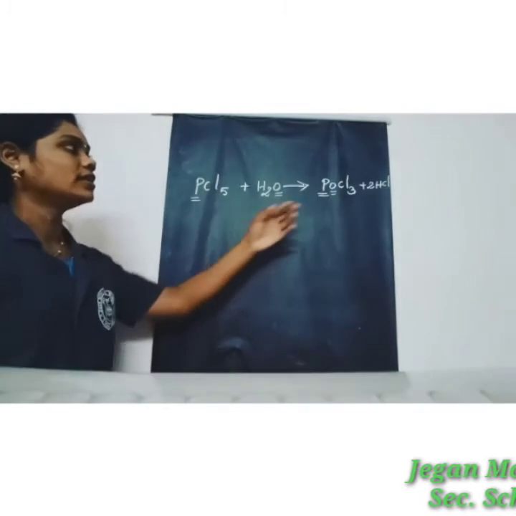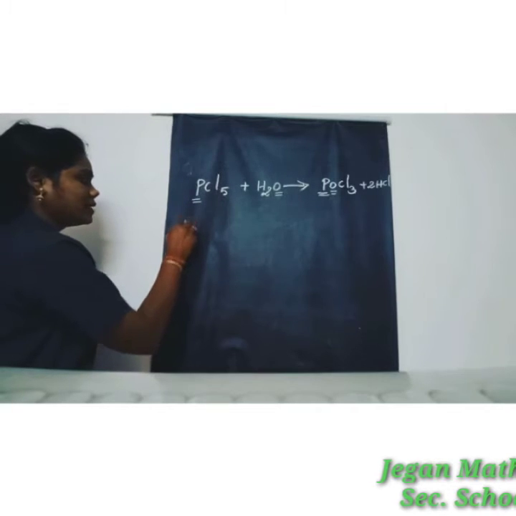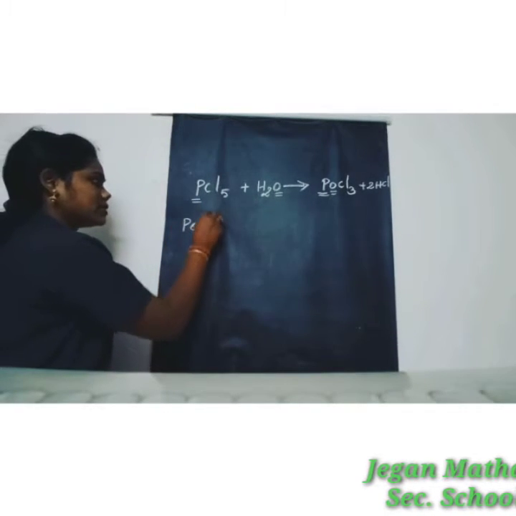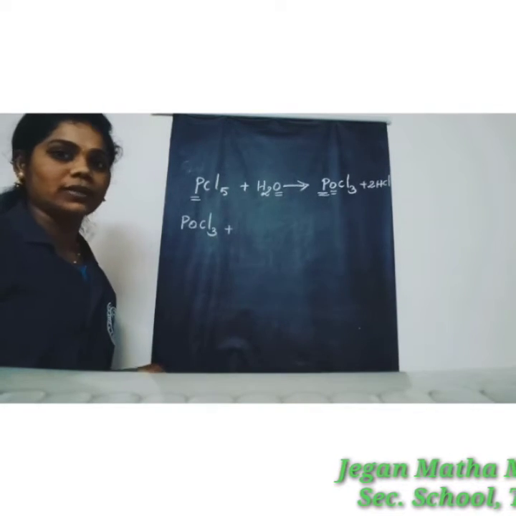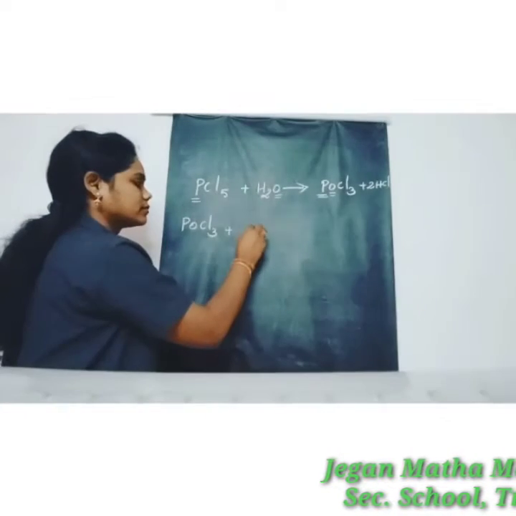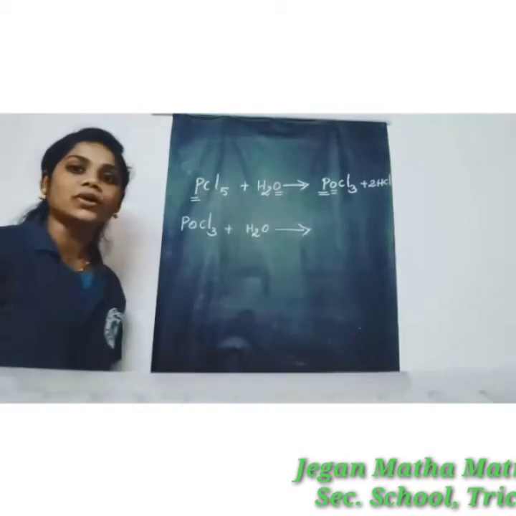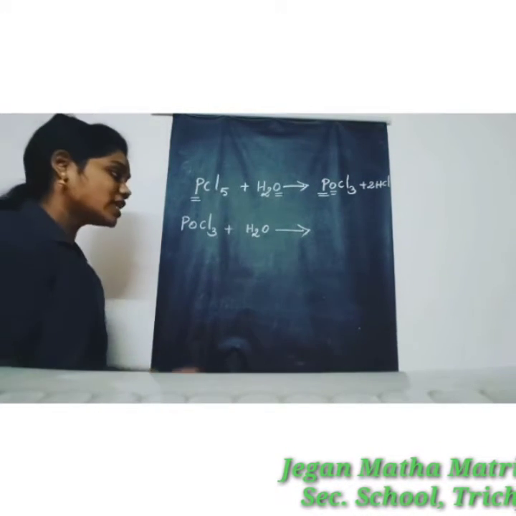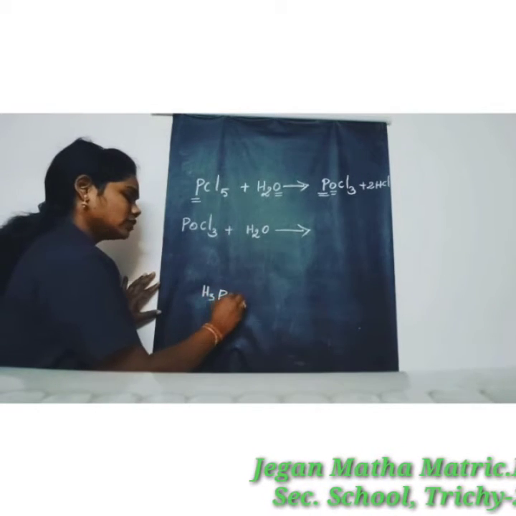And next one, now you take phosphoryl chloride. Phosphoryl chloride formula is POCl3. Again, it is reacted with water molecules, H2O. It gives orthophosphoric acid. Phosphorous acid formula is H3PO3.